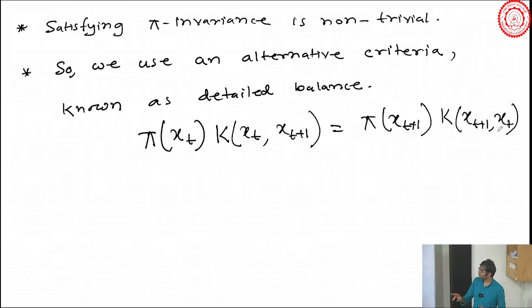Now, can you prove that satisfying this automatically means satisfying the pi invariance? It's trivial to prove. Okay, let us see. It will be proved in the space remaining. So pi invariance is what?